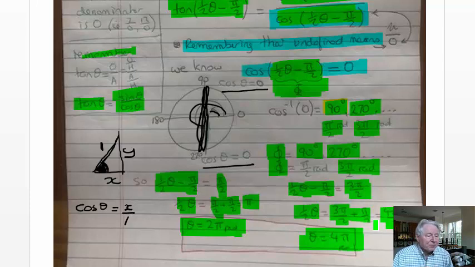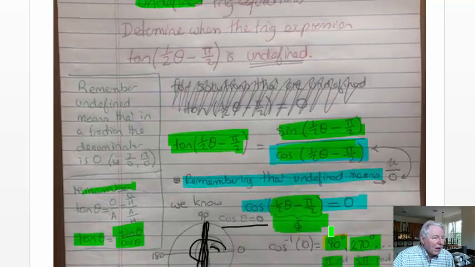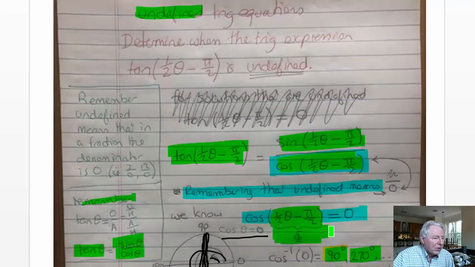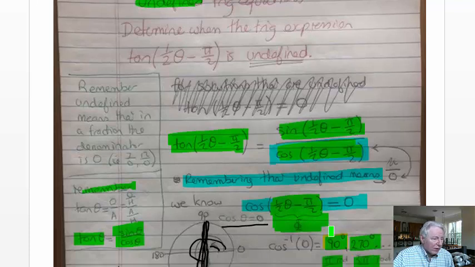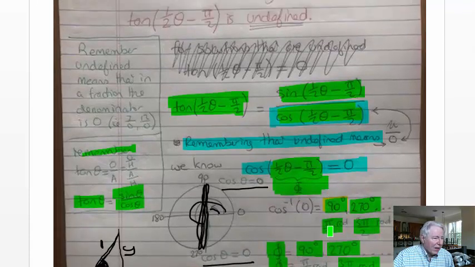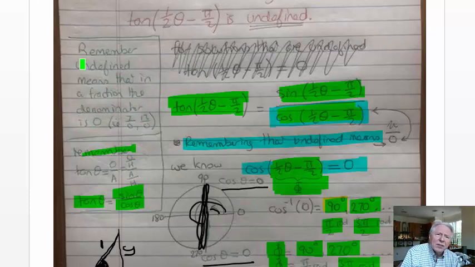And then the other thing I want to say to you is, how much of this am I writing down because I'm trying to explain it to you, and how much of this am I writing down because I need to write it down? I'd say this box, remember, undefined means that in the fraction denominators, I probably won't write that down.